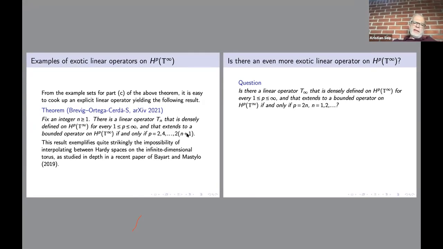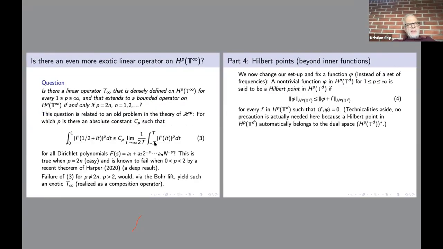Here we have only finitely many. I'm asking if you can do it for all even integers. I don't know, but I can say that this would solve a problem that has troubled me for at least 20 years.